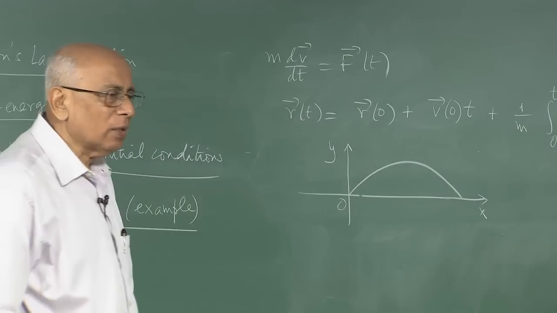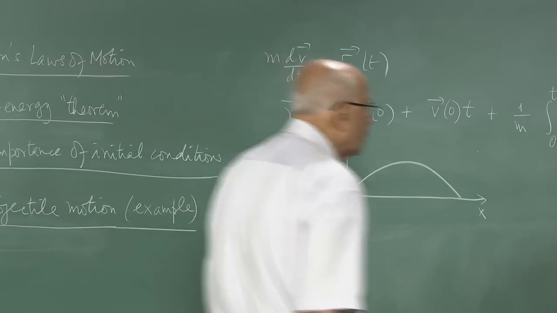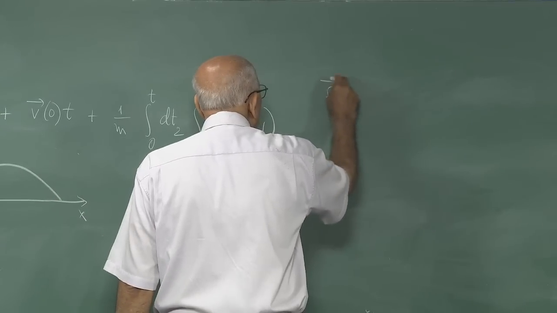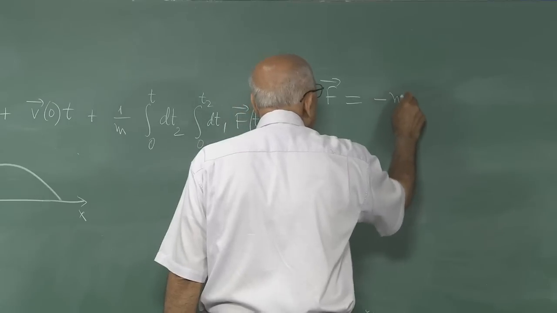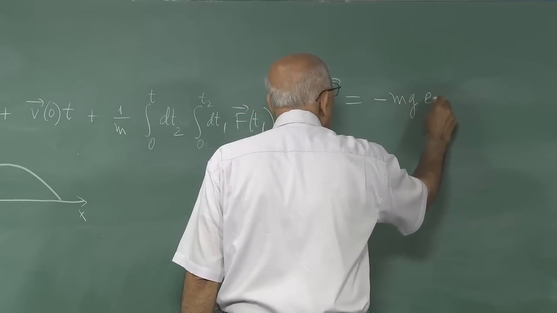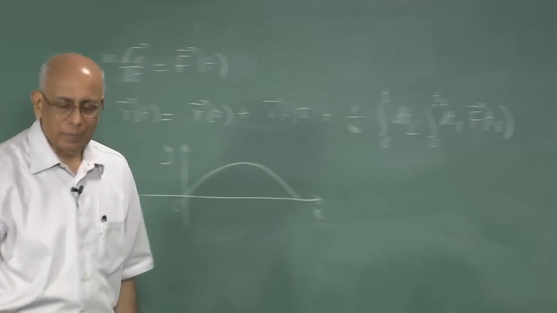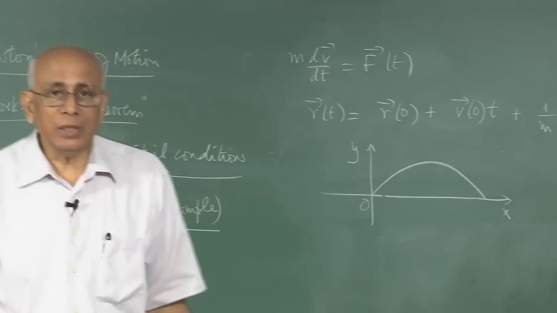So the idea is that the force of gravity on this particle is such that the f at all instants of time is minus mg times e subscript y, and that is independent of time. It is independent of position as well.